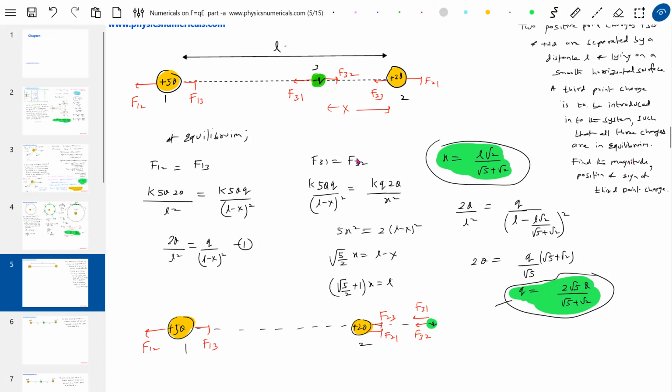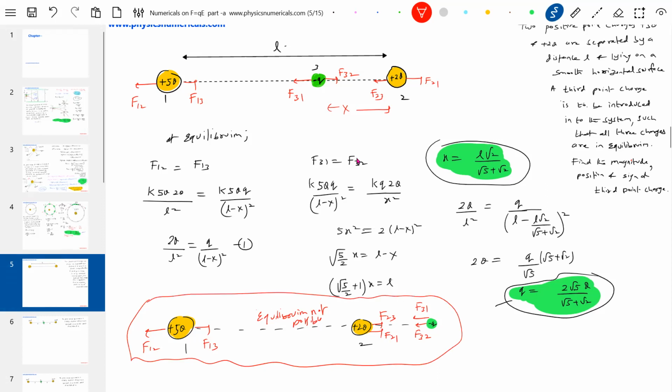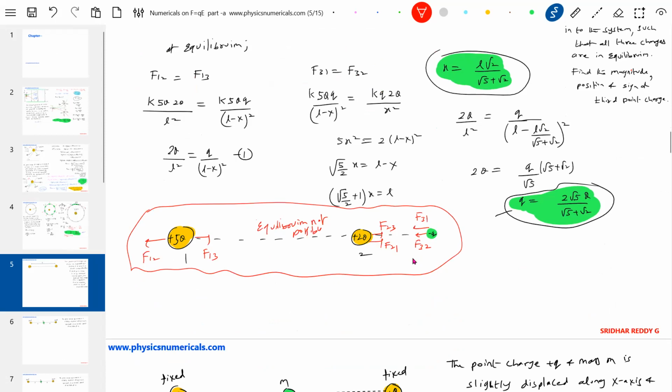Not at all. Maybe this one can be in equilibrium, but what about these two? They can never be in equilibrium. So equilibrium is not possible. A student has to analyze; it's not that you directly think in that way.